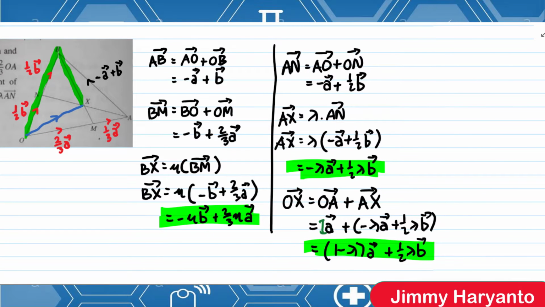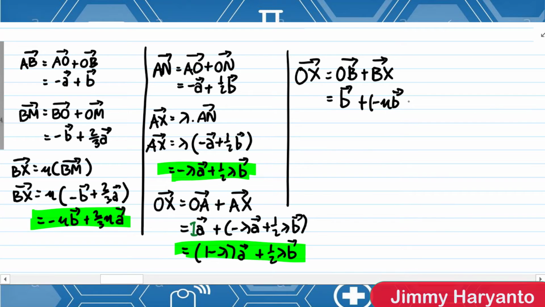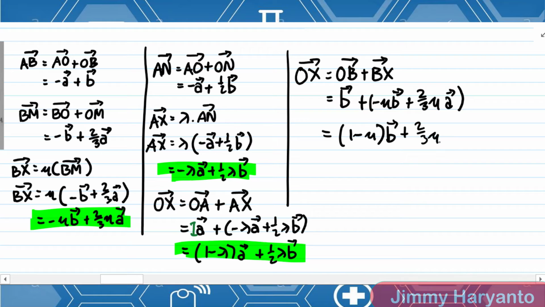So the formula for OX this time is OX equals OB plus BX. OB is B, BX we already got: negative mu B plus 2 over 3 mu A. So the result will be 1 minus mu B plus 2 over 3 mu A. There we go.